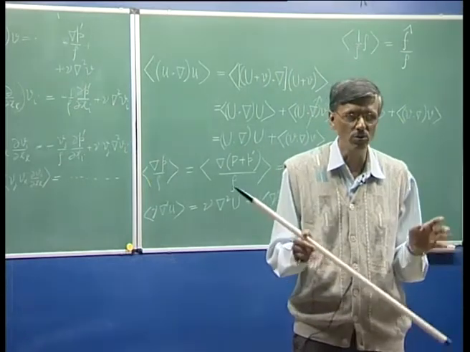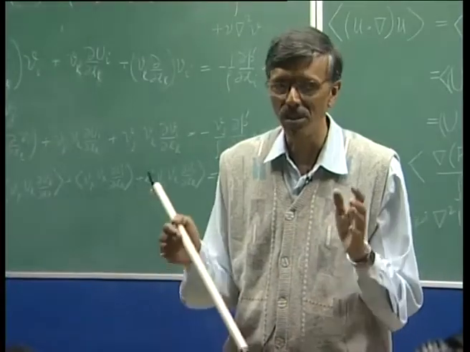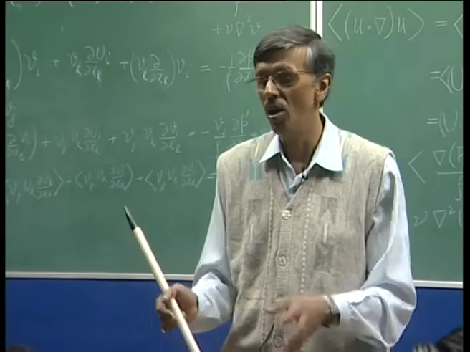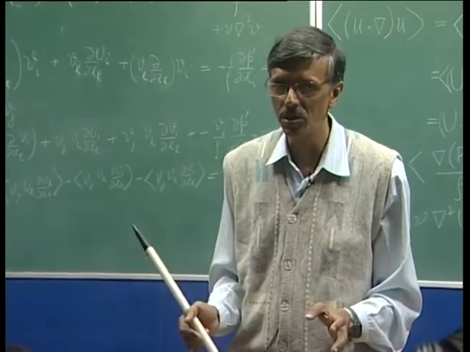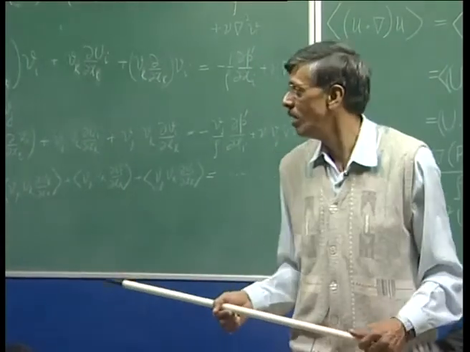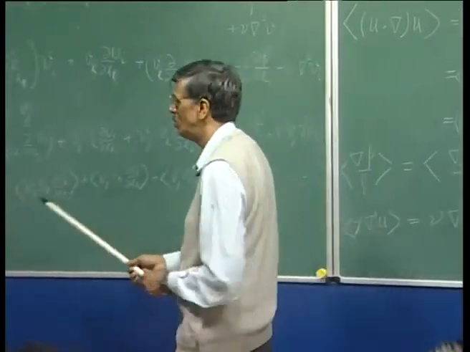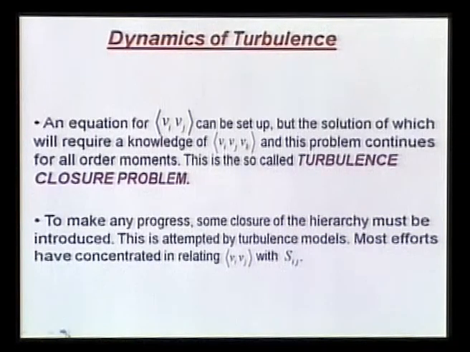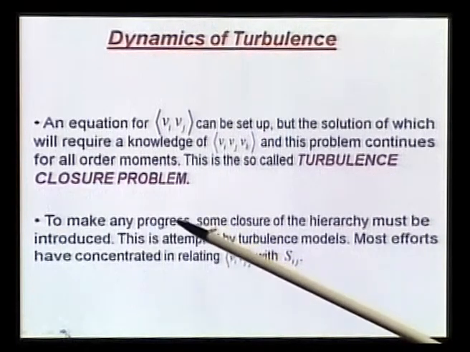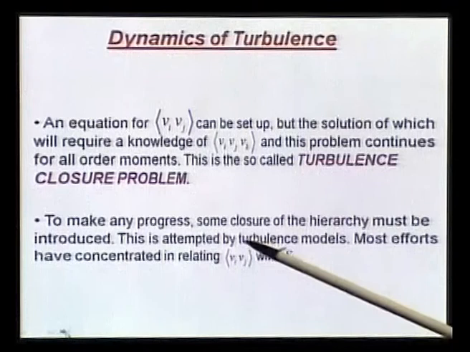You will have to do some kind of empiricism, some kind of modeling, or take help of some experimental input to close the problem. Otherwise, turbulence remains stubborn because of this closure problem. Okay? It never disappears.